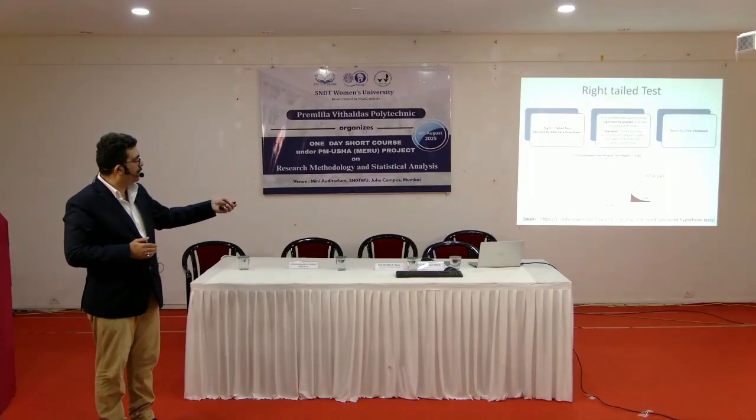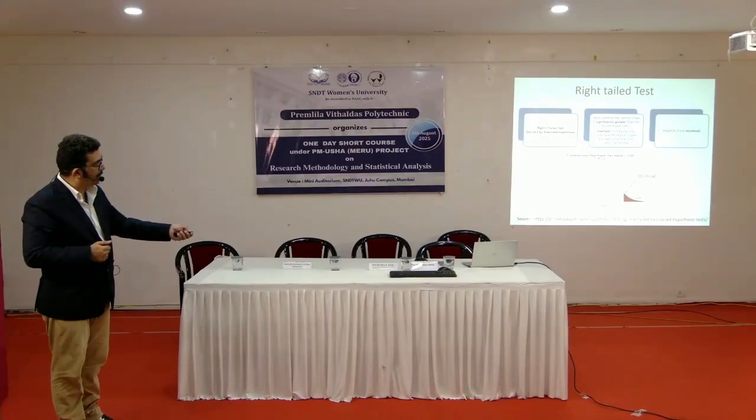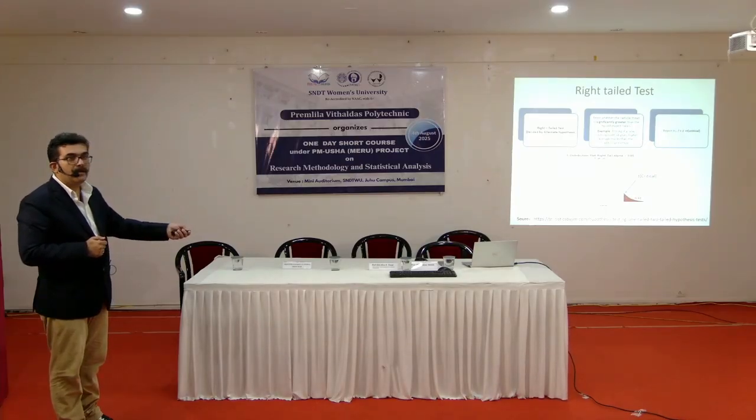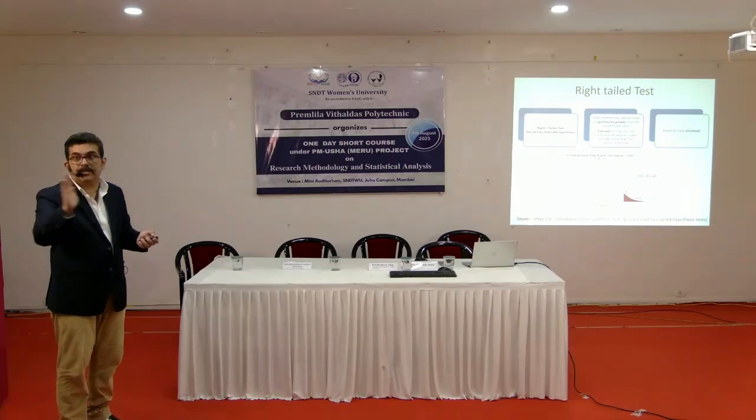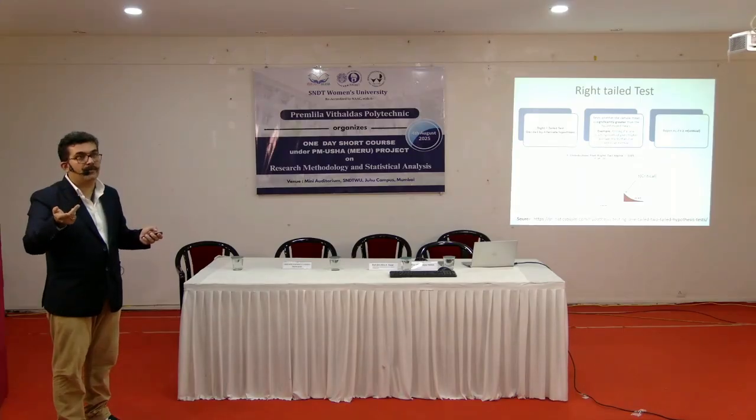If you note carefully, the critical value of T is 1.725. This critical value defines the rejection region. This value can be more or less, and accordingly the region will shift and our conclusion will change.